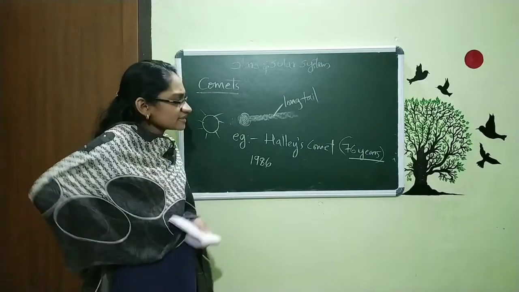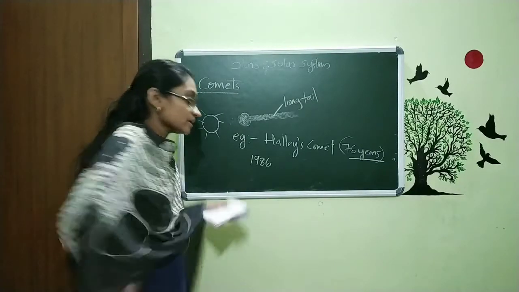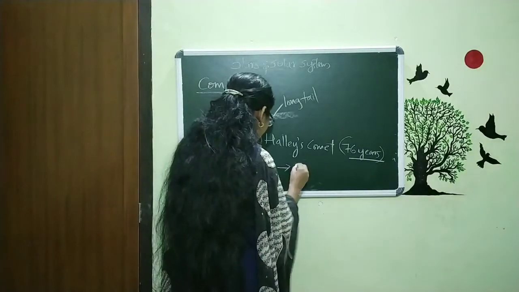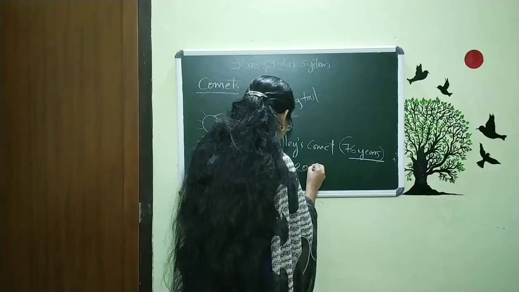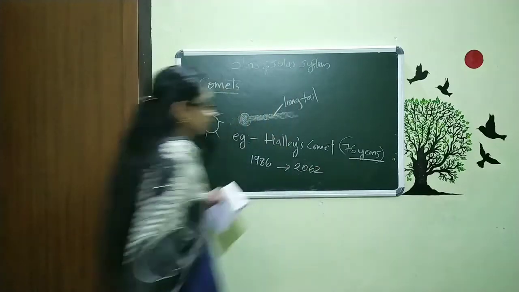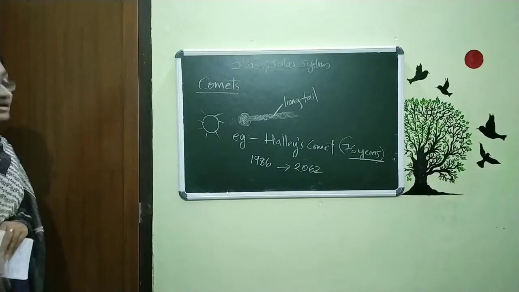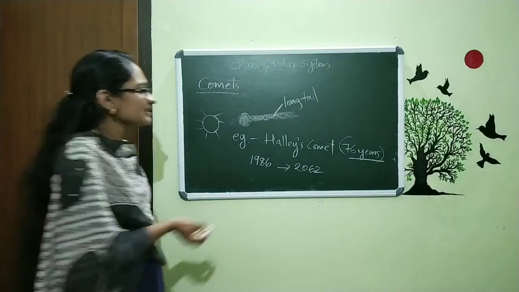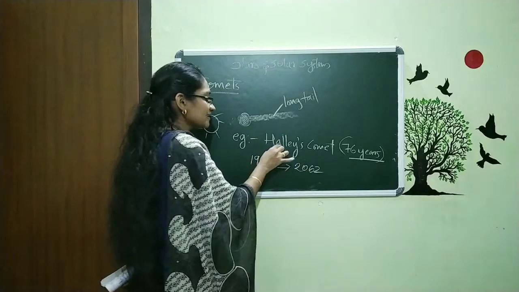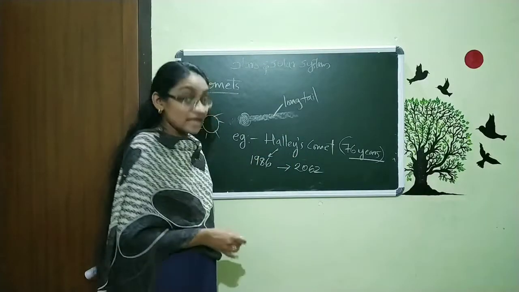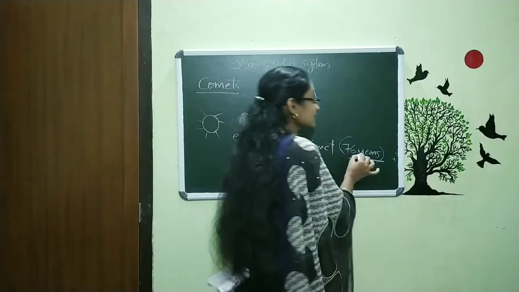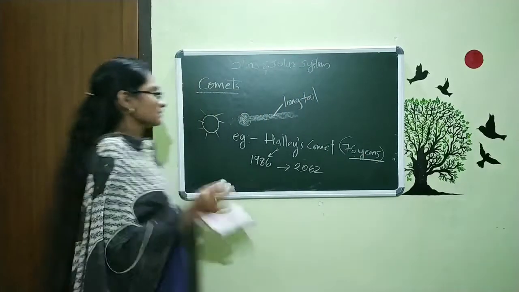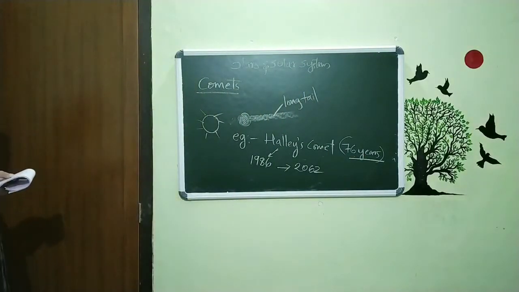And when it will come next, it will appear in 2062. So this is the next appearance of Halley's comet. Just remember the name of this comet, the year of its last appearance, and that it comes every 76 years. Only these things about the comets.